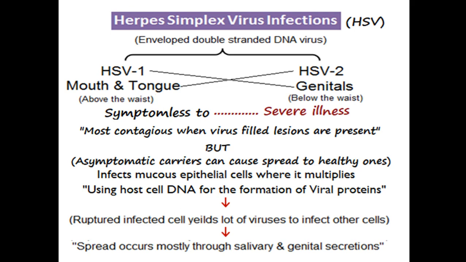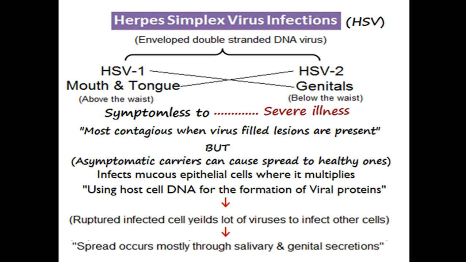Here one important thing that I want to clear is that if a person is immunocompetent, by that we mean that his immune system is quite intact and powerful, the immune cells will kill the virus and the virus will not cause the disease in that particular person.